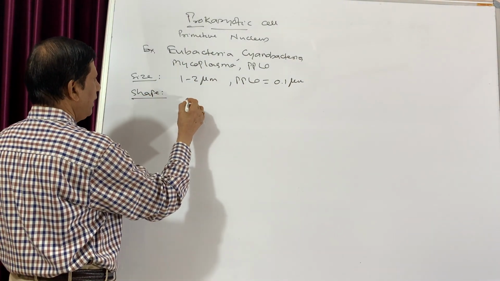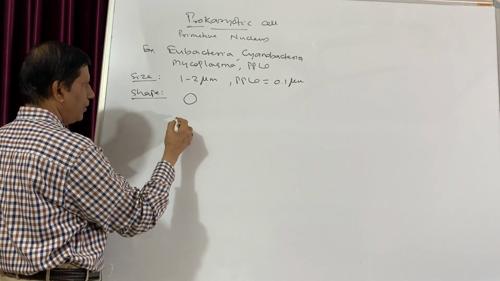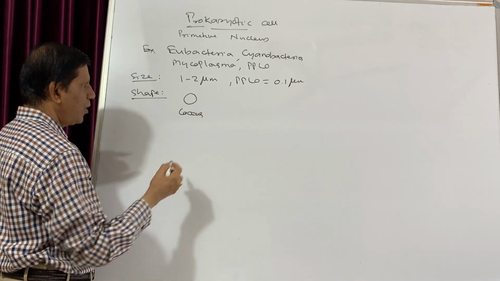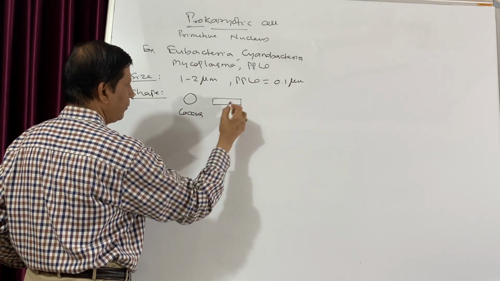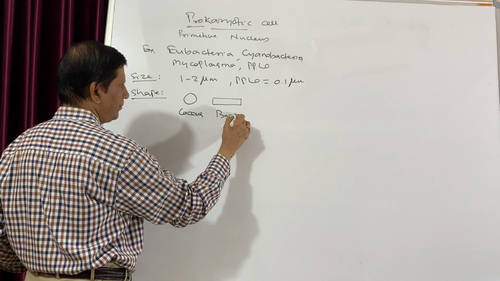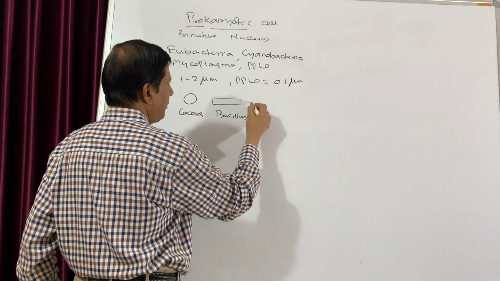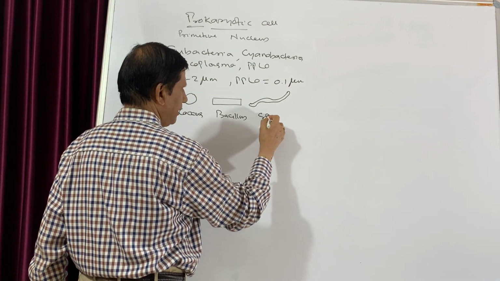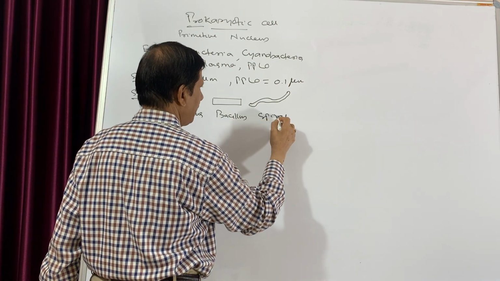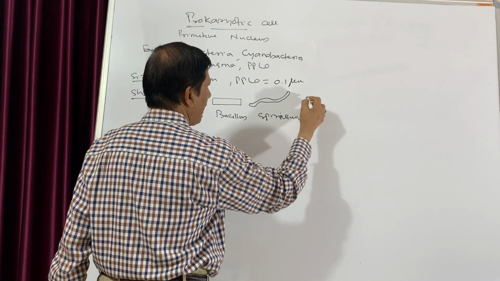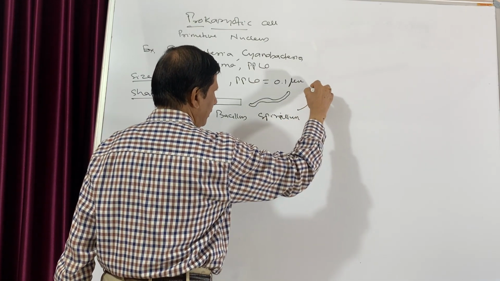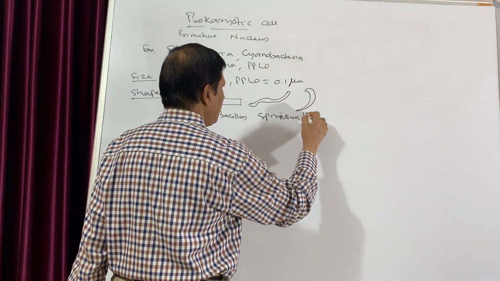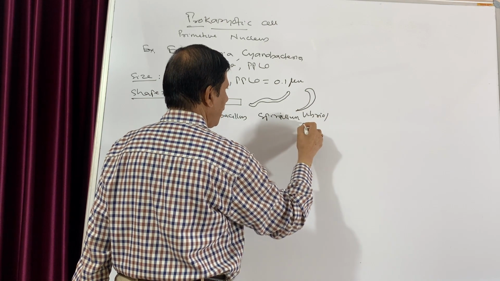And coming to the shape, they may be round or spherical, when it is known as coccus, or they may be elongated, when it is known as bacillus, or they may be spiral shaped, when they are known as spirillum, and sometimes they may be shaped like a punctuation comma, so that is known as vibrio or comma shaped.